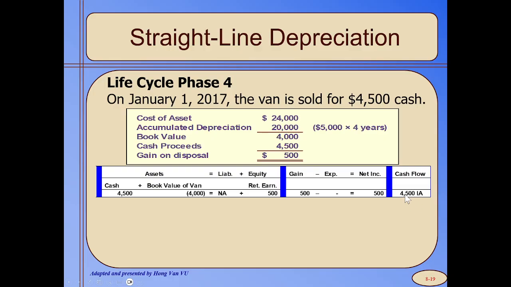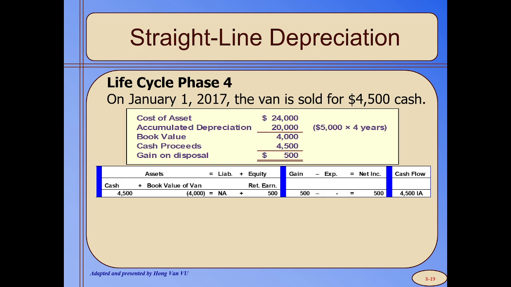The cash account is increased by 4,500 and we remove the van and related accumulated depreciation from our books. The 500 gain increases income and the equity section of the balance sheet.